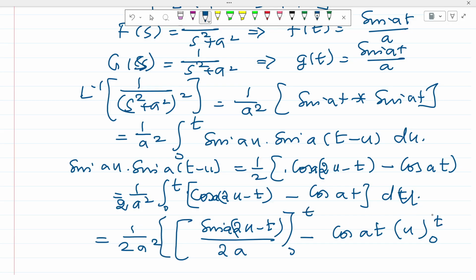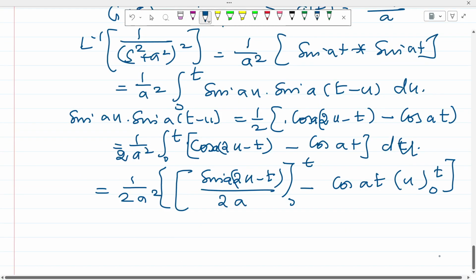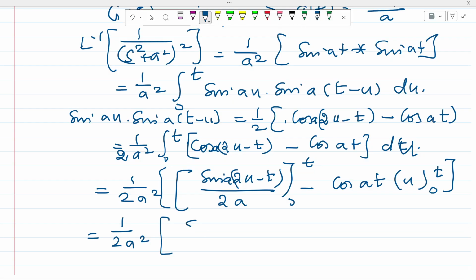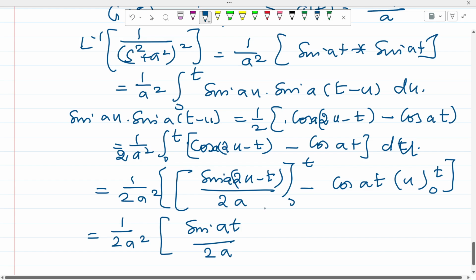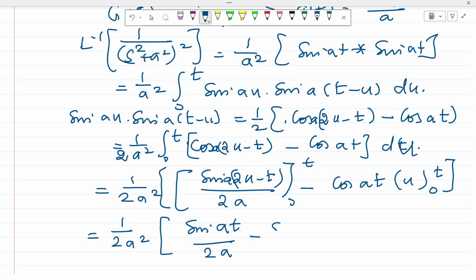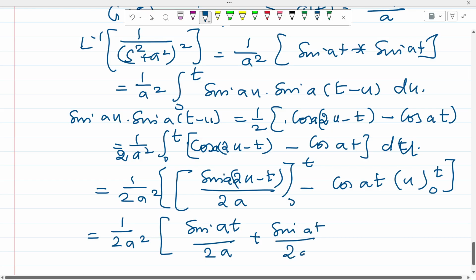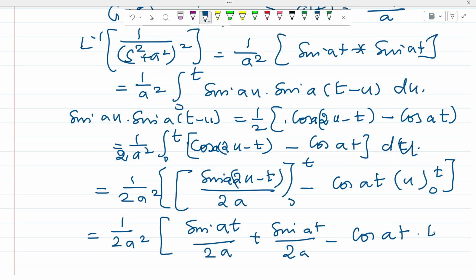If you substitute 0 to t here, what do you get? 1 by 2a square, substituting t here, 2t minus t, sin at by 2a. No need to substitute the lower limit, since lower limit 0 is there. Minus sin of minus t, it will be plus, so sin at by 2a, minus cos at into t, you have to multiply.